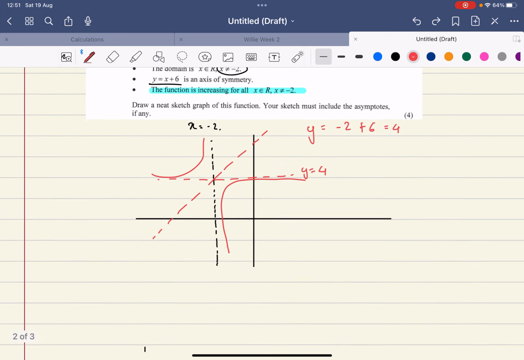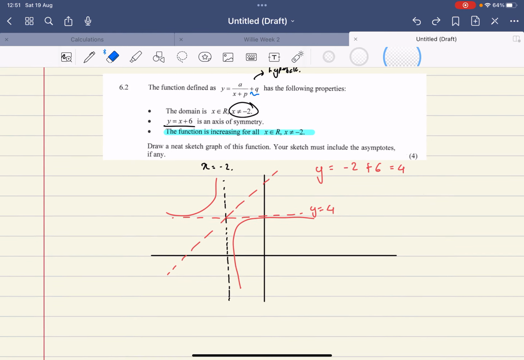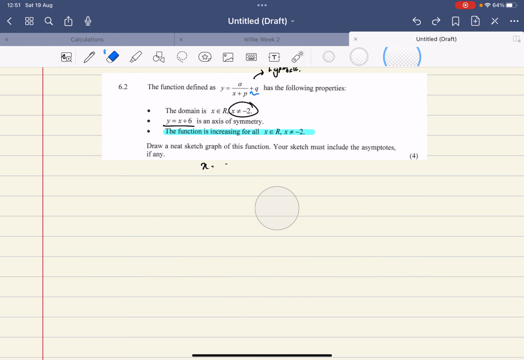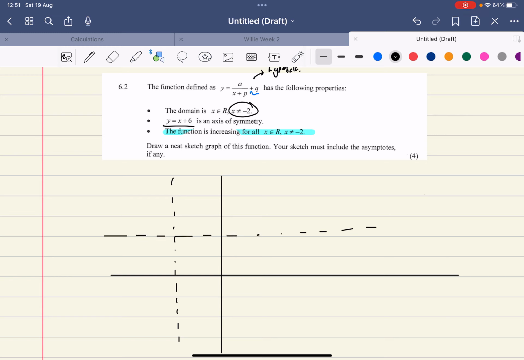Okay, so this is a very rough sketch. So let's just draw it properly. It's going to look like this. And it's not going to be defined at x is equal to -2. And it's not going to be defined at y is equal to 4.